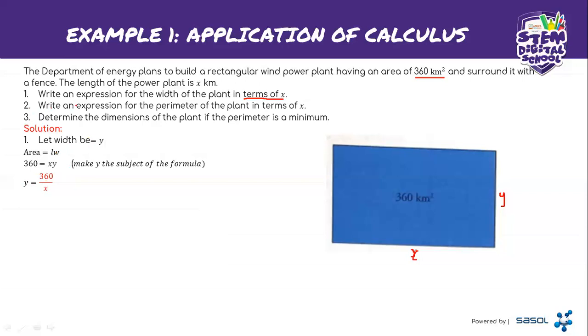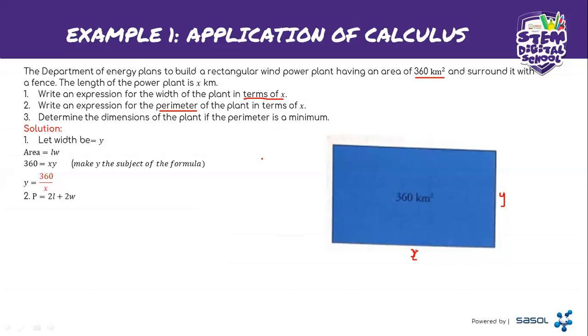It says write an expression for the perimeter. We are now looking for the perimeter of the plant in terms of X, right? And I believe, my dear learners, that you are familiar with the perimeter, especially for the rectangle. You know that perimeter is the sum of the lengths of all the sides, this side plus this one plus this one, and it will give us the perimeter.